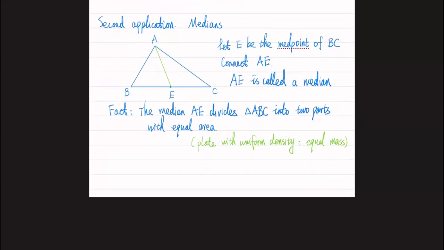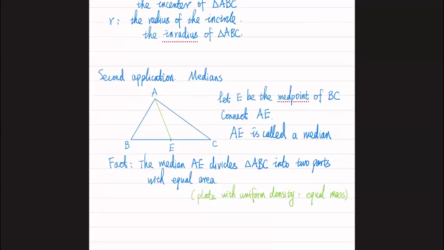Can you tell me why the two areas must be the same? Aaron, what do you think? Why must these two areas, ABE and ACE, be the same?